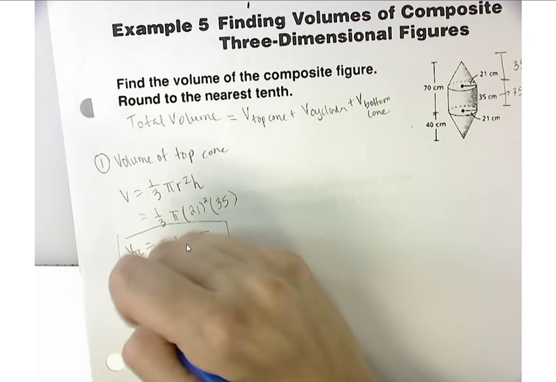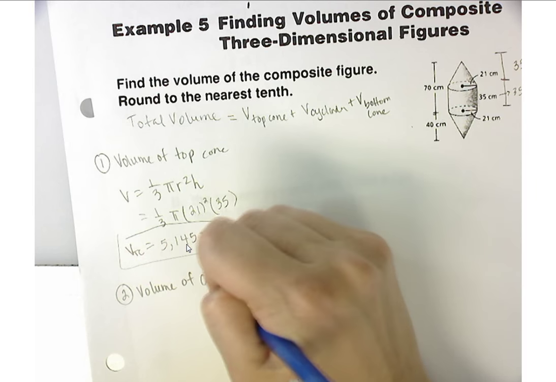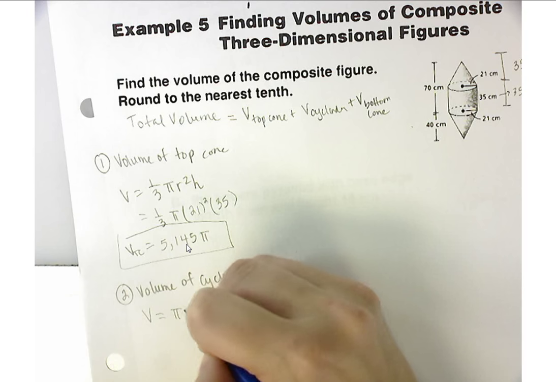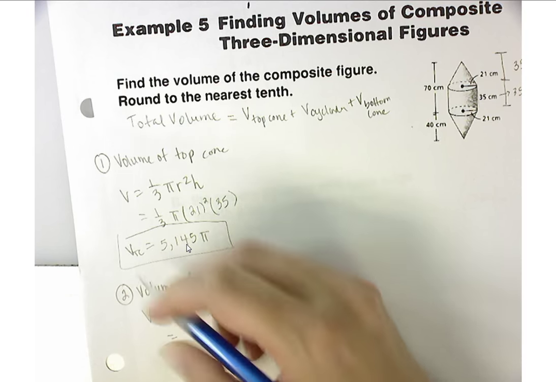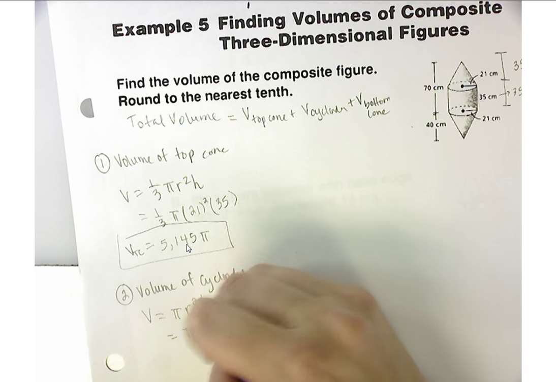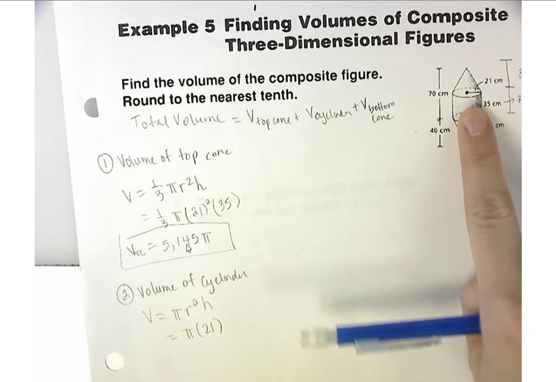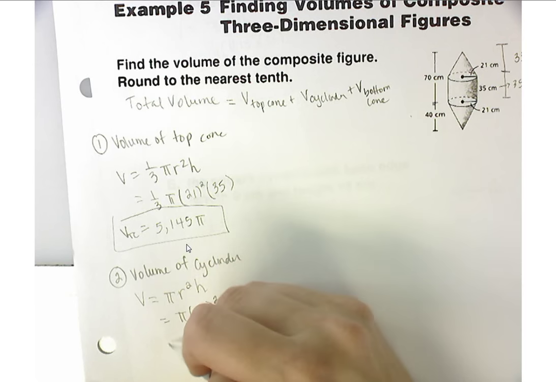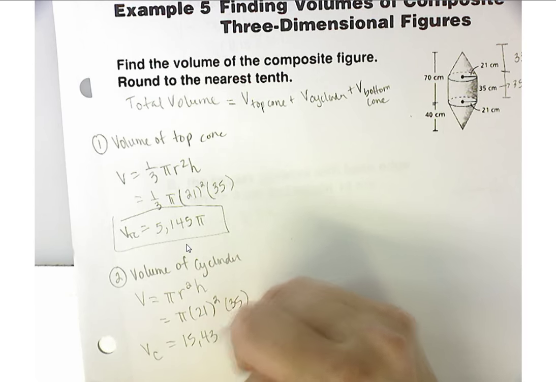Okay, now we're going to find the volume of the cylinder. Your volume of a cylinder is pi r squared times h. And again, your radius of the cylinder is going to be 21, and the height is labeled as 35. So your volume of the cylinder is going to be 15,435 pi.